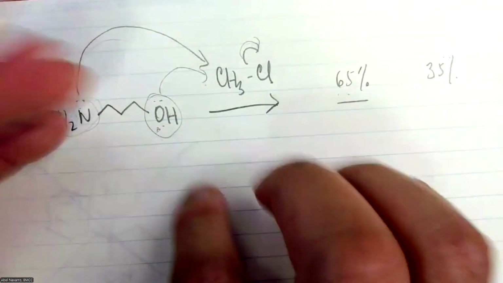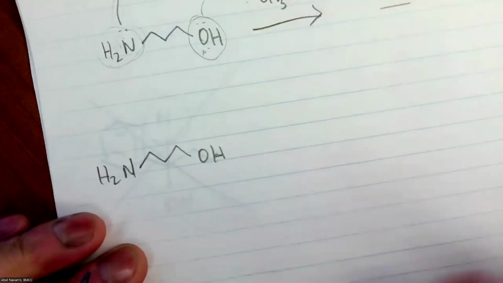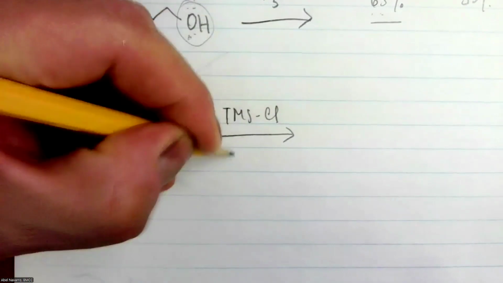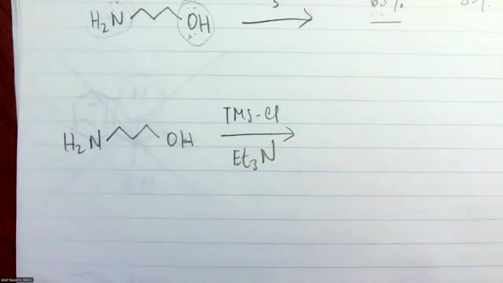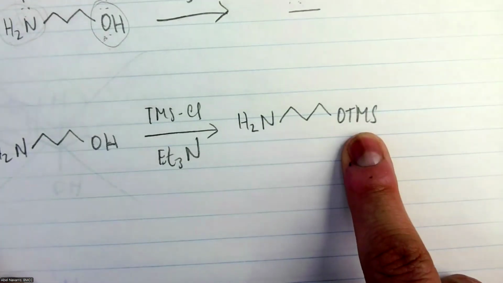What should I do? You want to do that, so for the OH you will add the protecting group. You're going to protect it. TMS chloride in triethylamine is going to protect the OH, giving OTMS. Now this OTMS is not a nucleophile anymore because the OH is hidden.